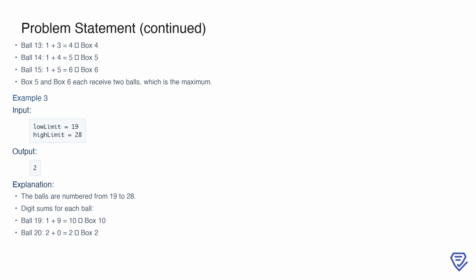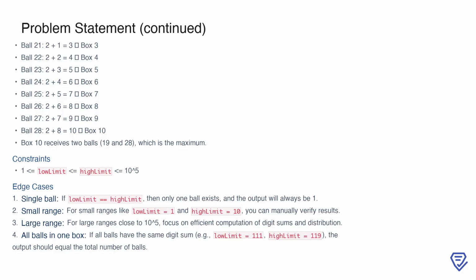Now let's examine one more example where low limit is 19 and high limit is 28. Here, the balls are numbered from 19 through 28, and we calculate the digit sum for each ball. For ball 19, the digit sum is 1 plus 9, which equals 10, so it goes into box 10. Ball 20 has a digit sum of 2 plus 0, which equals 2, so it goes into box 2.